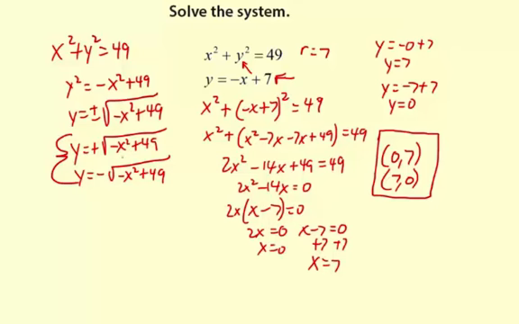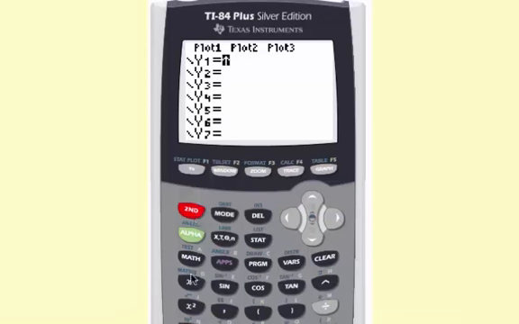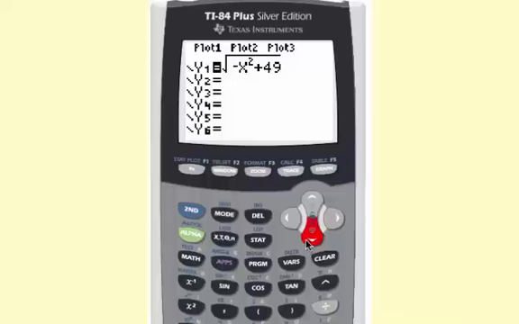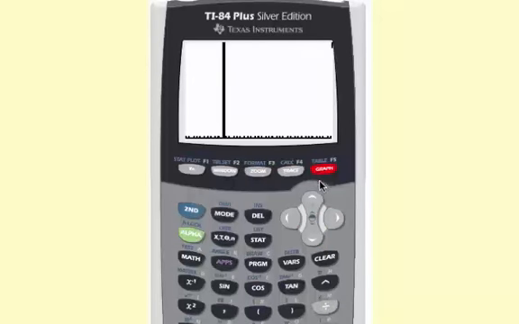So if you graph them together, it will simulate the idea of graphing the circle x squared plus y squared equals 49. So let's take a look at that. First I'll graph the positive, so it's going to be the square root of negative x squared plus 49. And notice that's all under the square root. Now let's just take a look at the graph of that one.